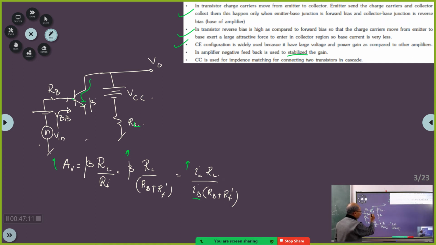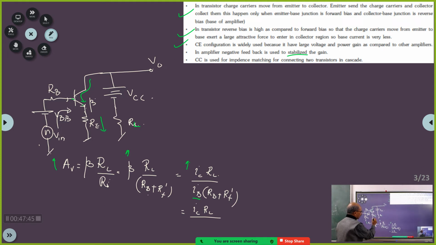Now, you see what I will do. Now, I will add one resistor RE. So, if I add the resistor RE here, then how will this equation change? Now here you see, IC into RL will not change. Hello, are you with me? But as far as the input is concerned, on this RE, there are two currents flowing.